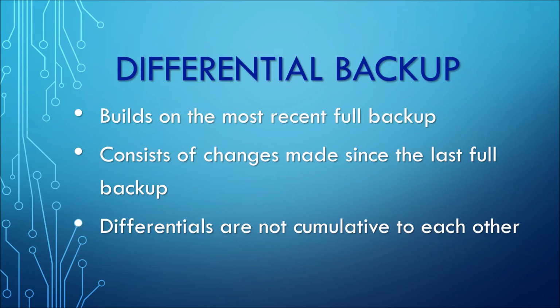The next one, the differential, is based on the full, it builds on the most recent full backup. It consists of changes made since the last full backup, and the differentials aren't cumulative on each other. So if you do another differential, it doesn't do the changes since the previous differential. It goes right back to the most recent full backup.